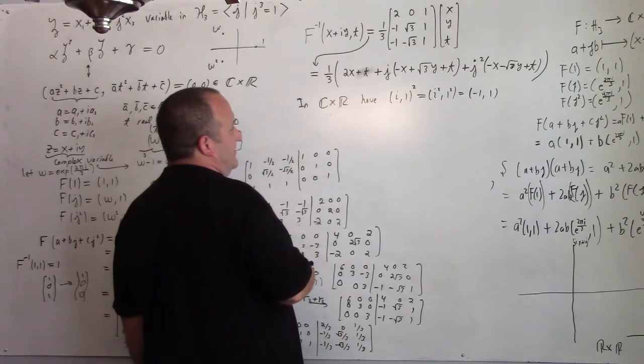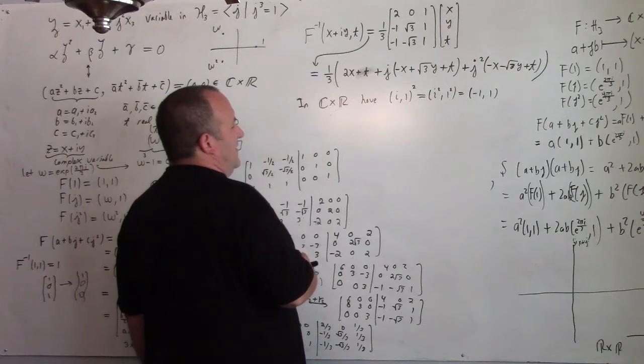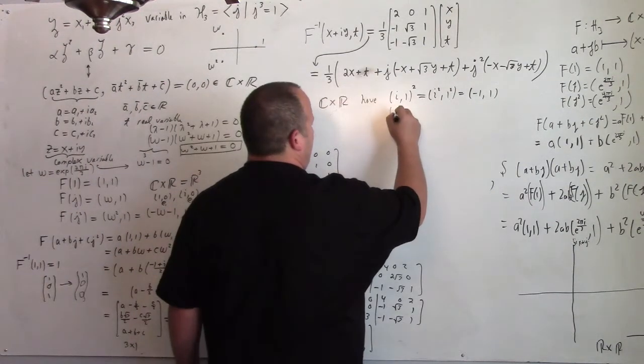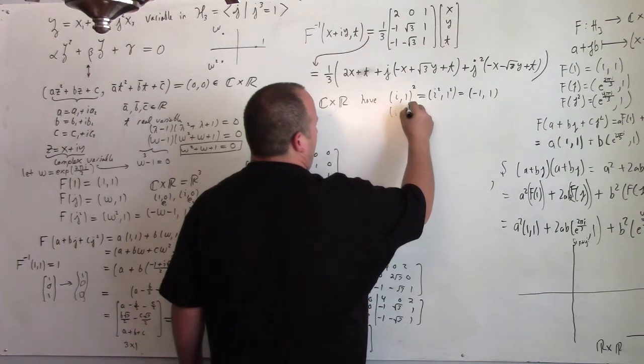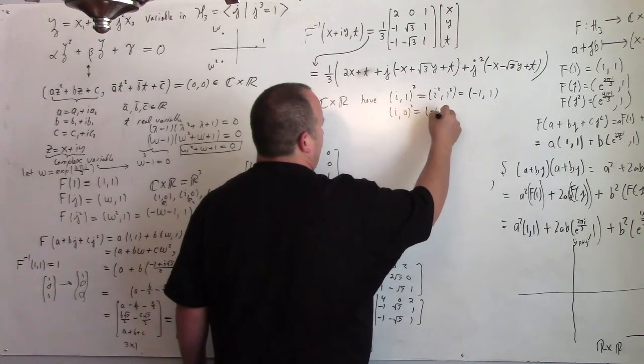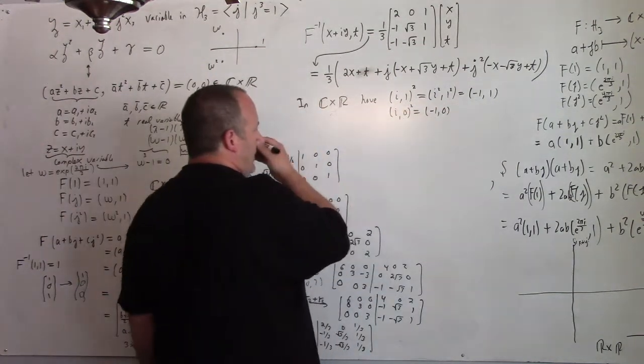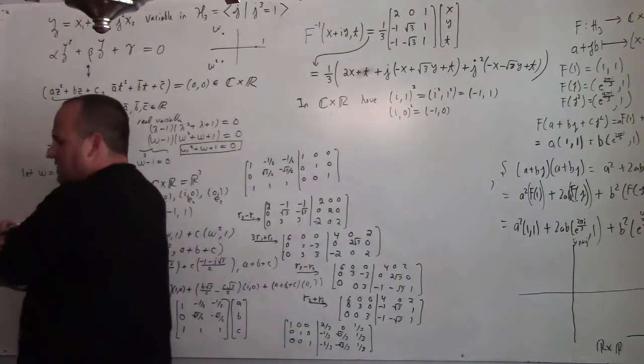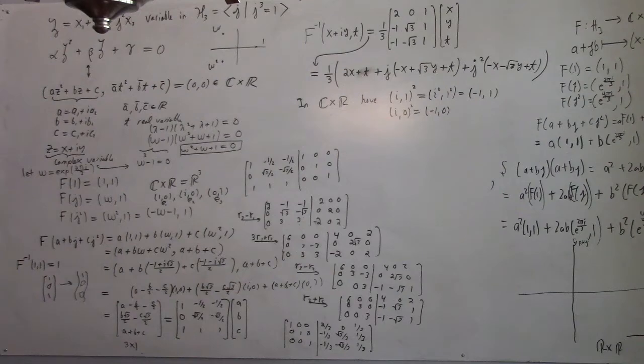Negative 1, 0. Yeah, i squared is minus 1, 0, right? Does that cause a problem?